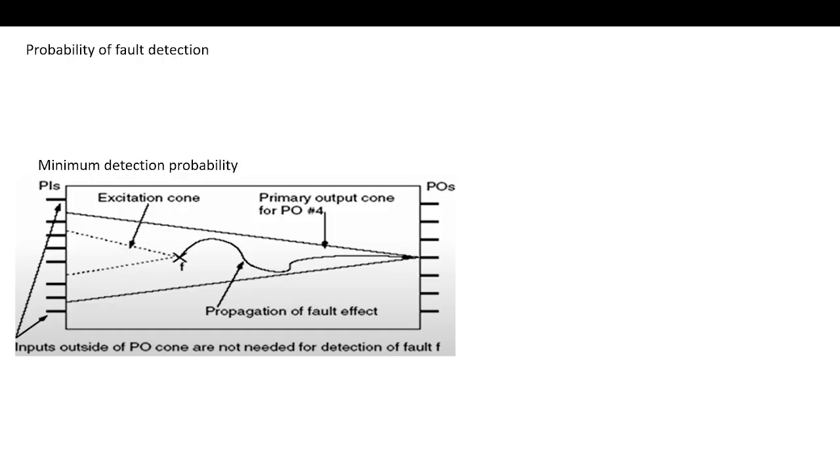So the next is the probability of fault detection. Given a circuit with n inputs, Tf is the set of test vectors that can detect fault F. Then the probability df is Tf over 2 to the power n.